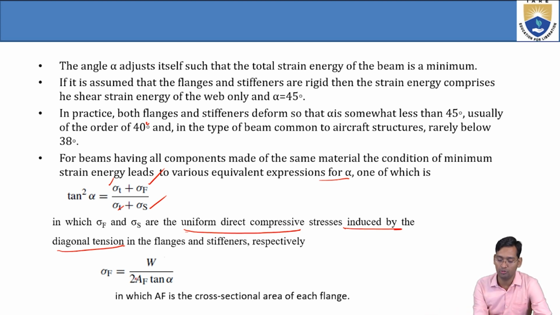Sigma f we already found: it is W by 2 AF tan alpha, where AF stands for the cross-sectional area of each flange.